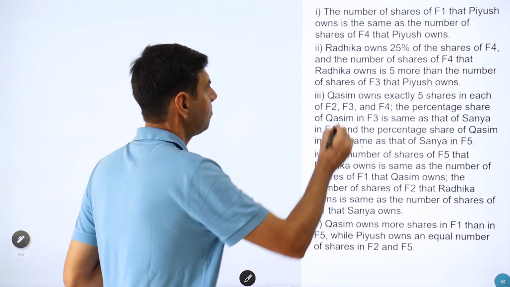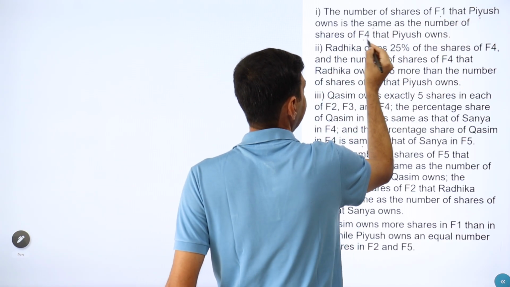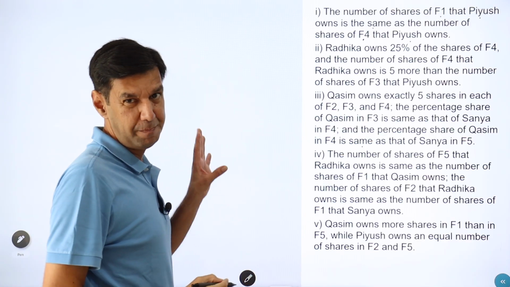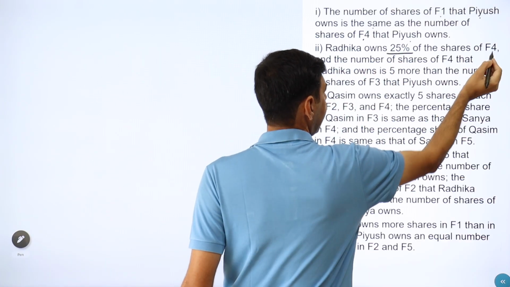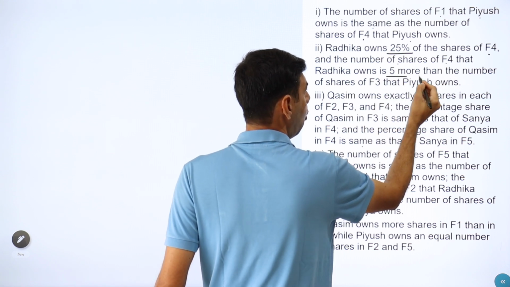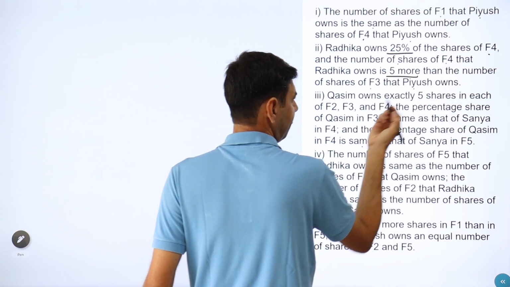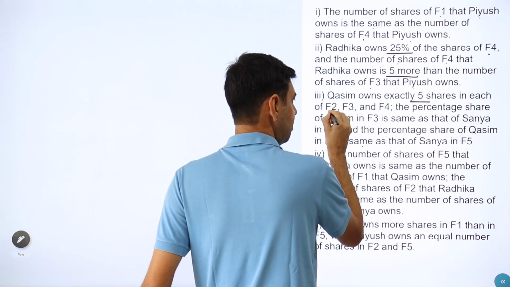Glancing at the clues, the number of shares of F1 of Piyush is the same as F4 of Piyush. Don't pick at the detail, just the gist of it. Radhika owns some percentage in F4. The number of shares in F4 is 5 more than the number of shares of F3 that Piyush owns. Kasim owns exactly 5 shares in each.